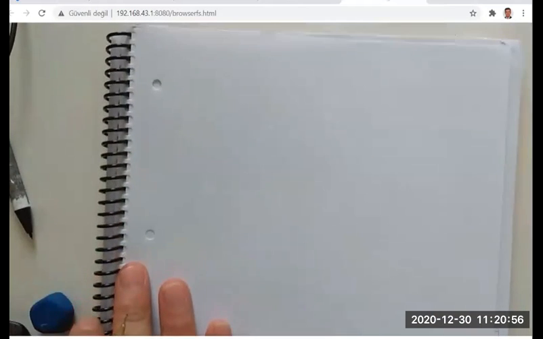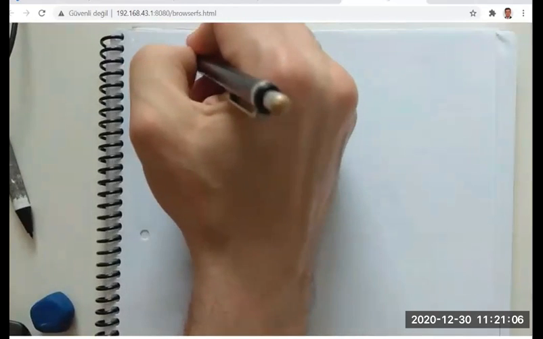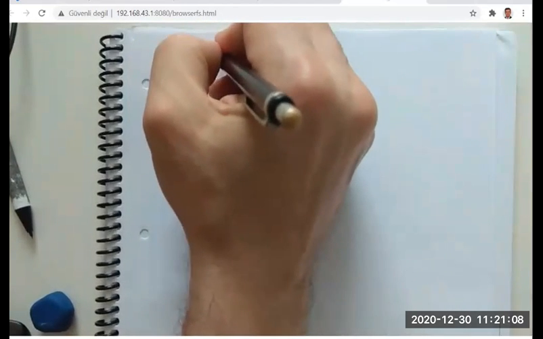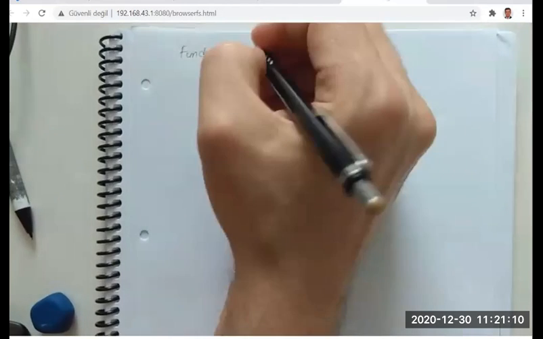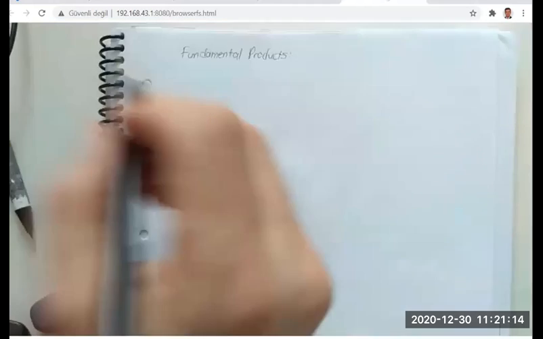Okay, now is the fundamental product. This is also an important definition, fundamental product. So what does it mean? Let's see.